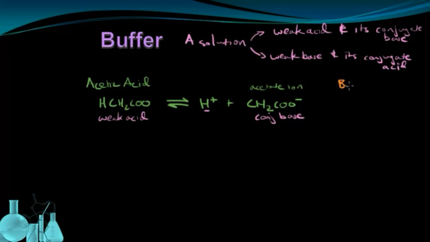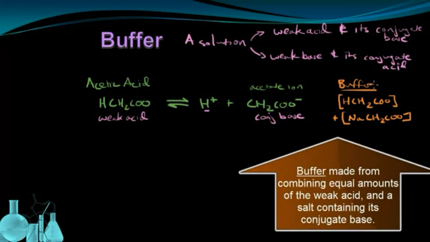So then how do we make a buffer knowing what the acid and base are? Well, we're going to take equal amounts of the weak acid, so some equal concentration of this, and we're going to combine it with the same concentration of some salt that contains a conjugate base. So I could use sodium acetate, because this salt will dissociate in water and give me this acetate ion, the conjugate base.